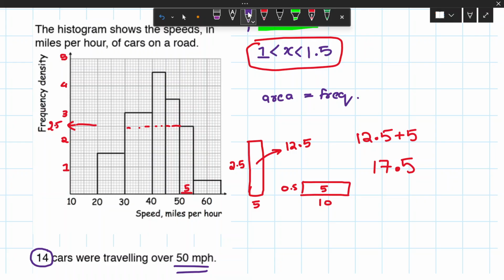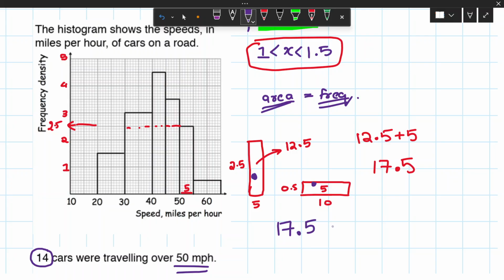However, that's not equal to the 14. What we're trying to establish is that the area I found should be equal to the frequency, which means that area number 1, which is 12.5, and area number 2, which is 5, when I add them together, I should be getting 14 and not 17.5. So what we have there is some scaling factor or a proportionality constant.